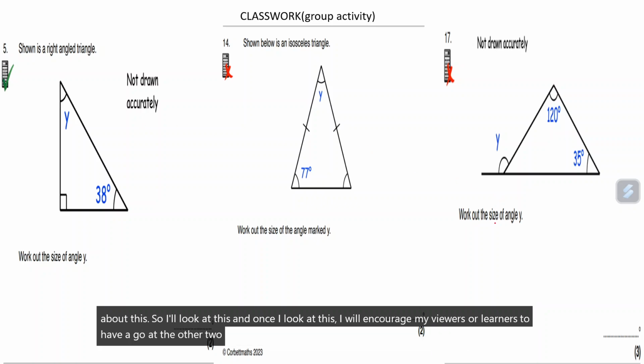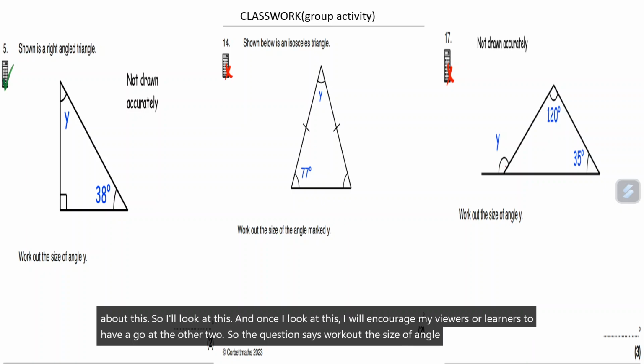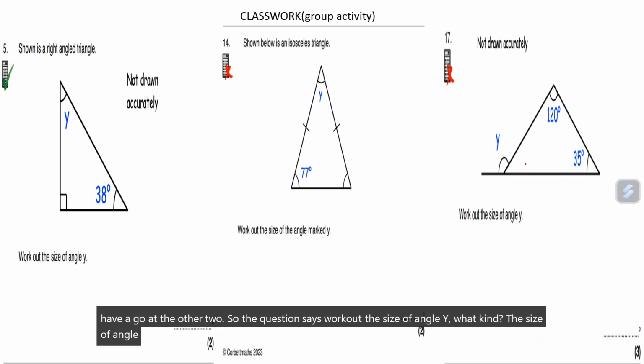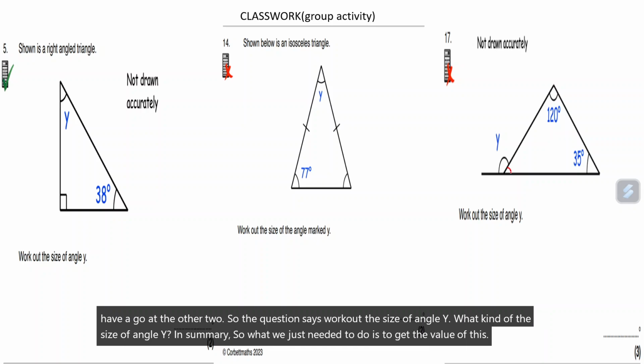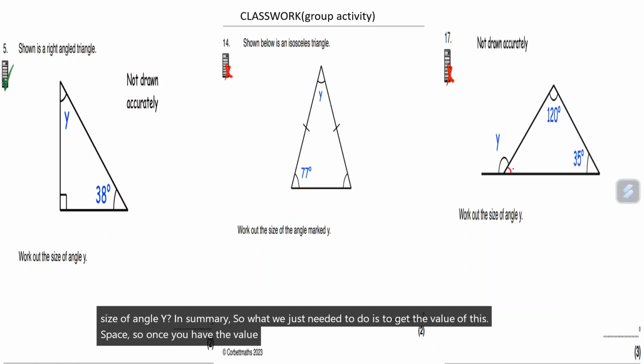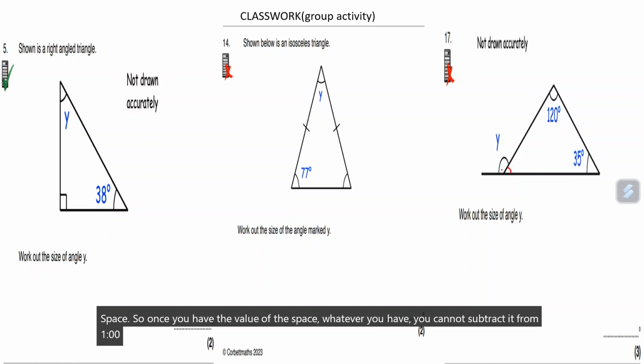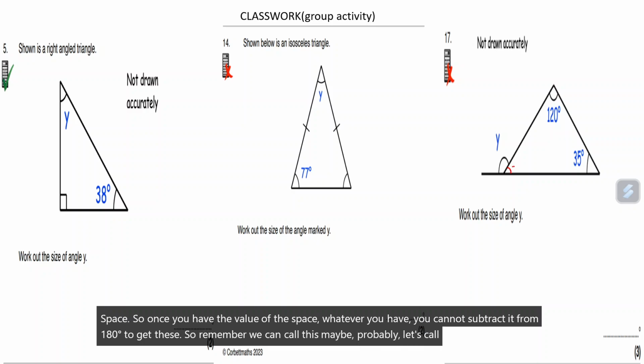The question says, work out the size of angle Y. What we need to do is get the value of this space first, and then subtract it from 180 degrees to get this. Let's call it angle Z.